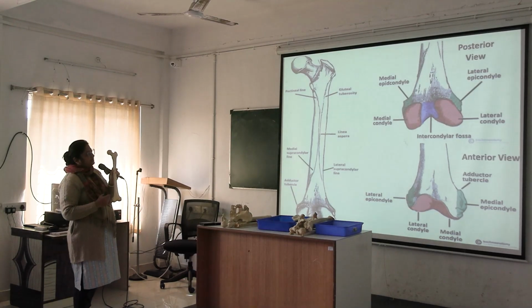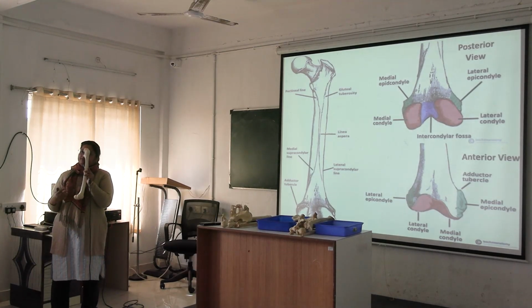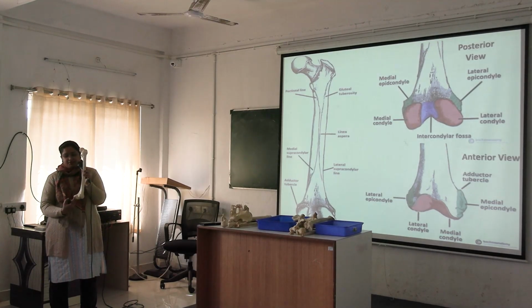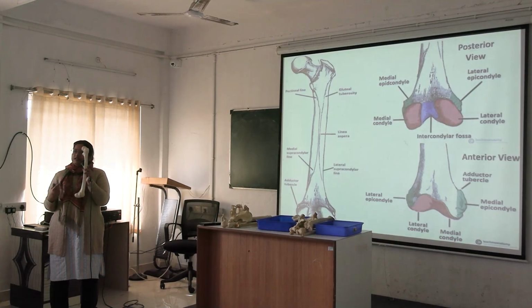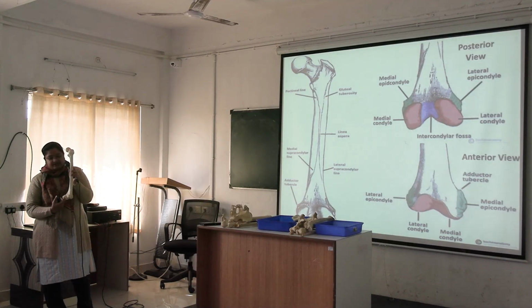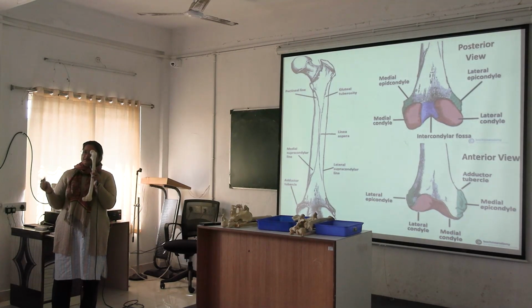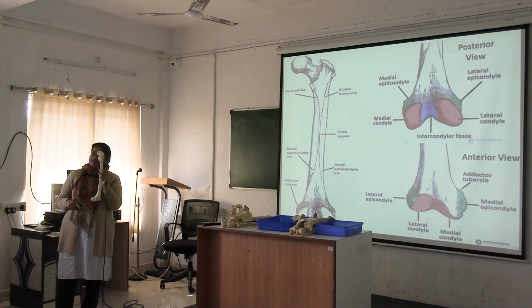Okay, and if you view from the posterior aspect, in between the two condyles there is the condylar fossa. The condylar fossa has a lateral wall, a medial wall, and the fossa, and on the lateral and medial walls there will be attachment of the cruciate ligaments, anterior and posterior cruciate ligaments.